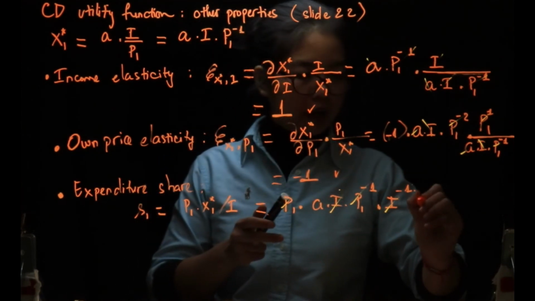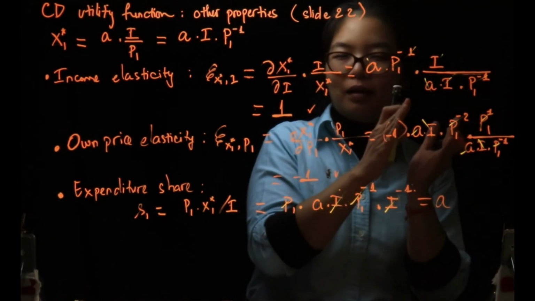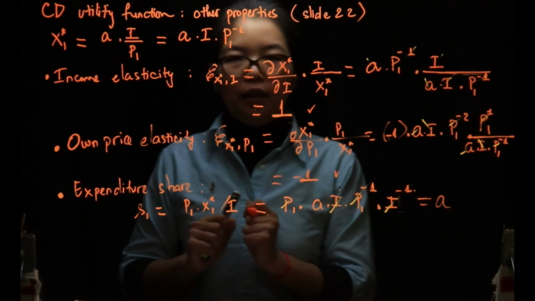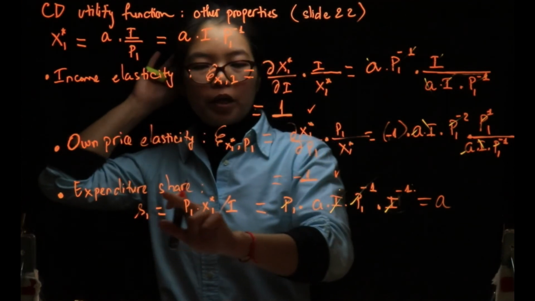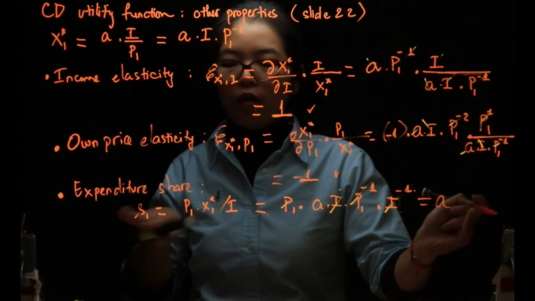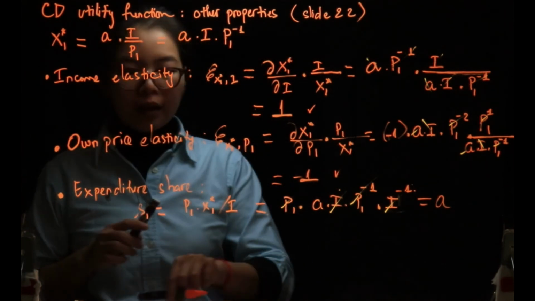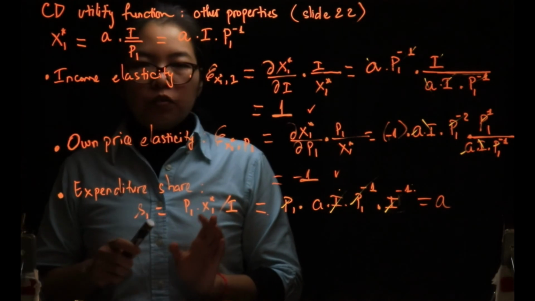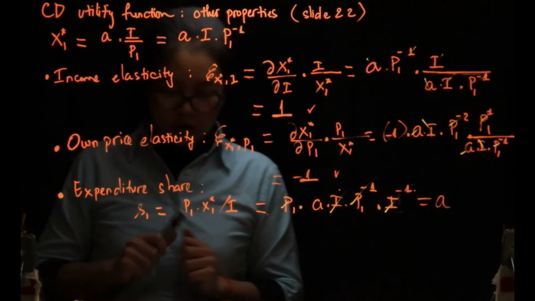At the end you only have A left, which is exactly the exponent of X1 in the utility function before. So the expenditure share, in this case, is constant for the goods under Cobb-Douglas utility. And this is something different from the Engel law.